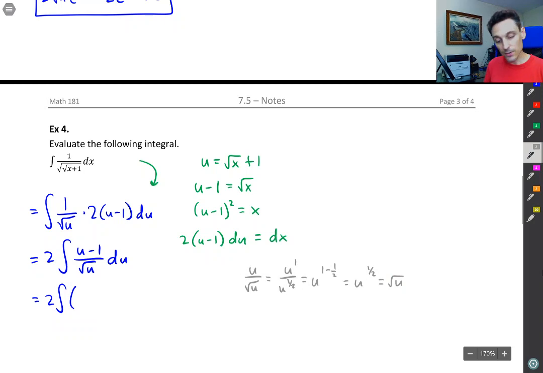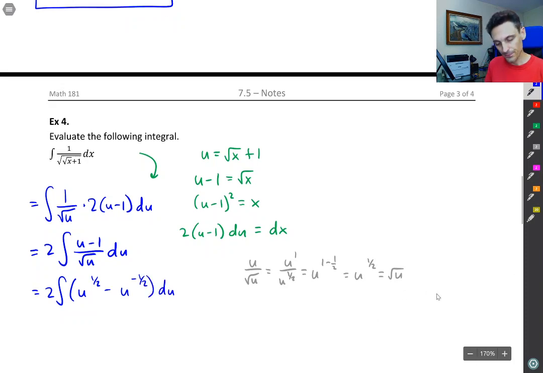But we're going to use the u to the half version because we're going to be integrating in a moment. So we'll write u to the half. That's what that simplifies to. Then we have minus 1 over the square root of u, which we can write as u to the negative half du.